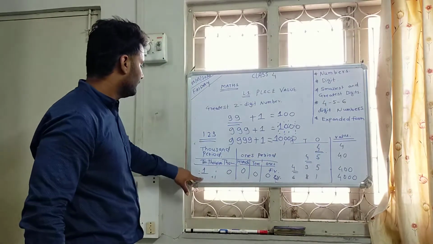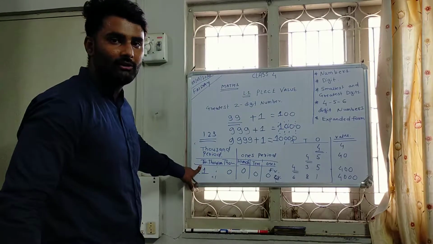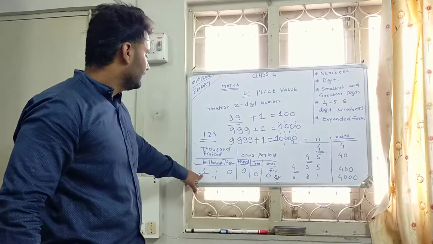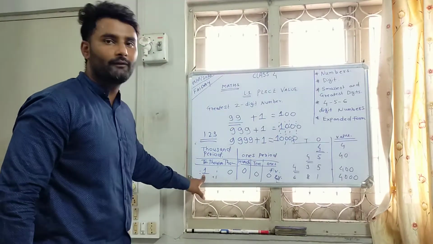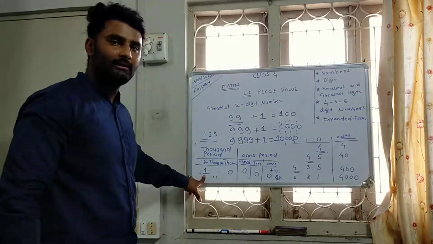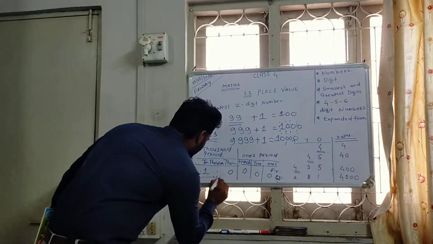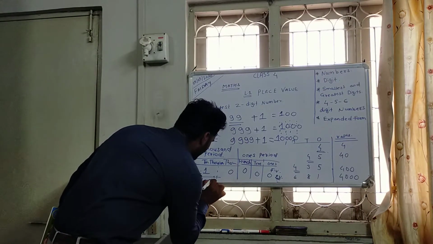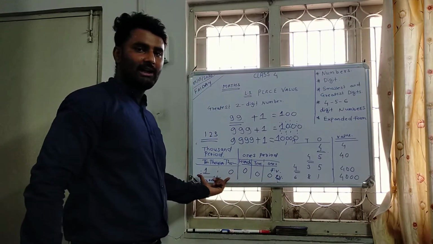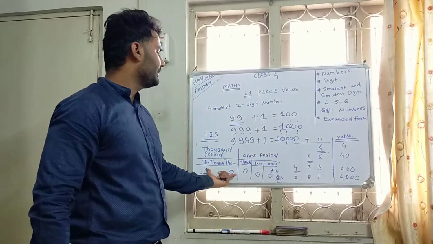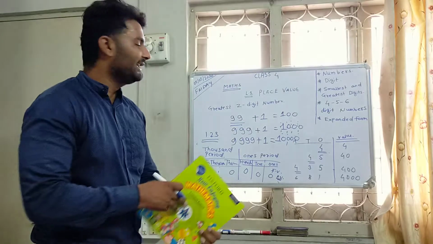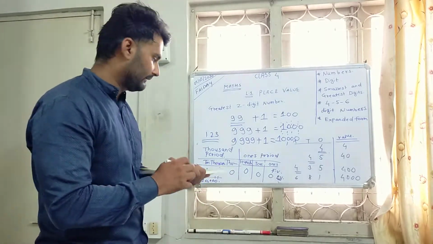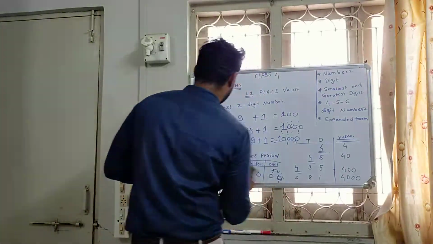Similarly, when I reach the 10,000 column, the face value of this number is 1 and the place value of this number is 10,000. This is the place value chart and we are going to use it for finding the place values and reading numbers.